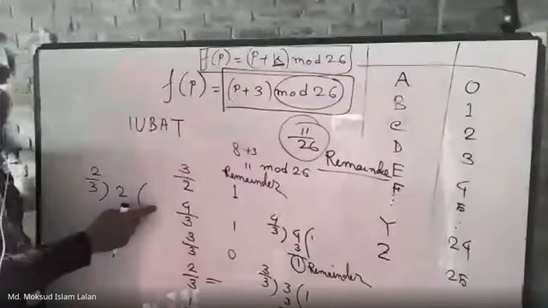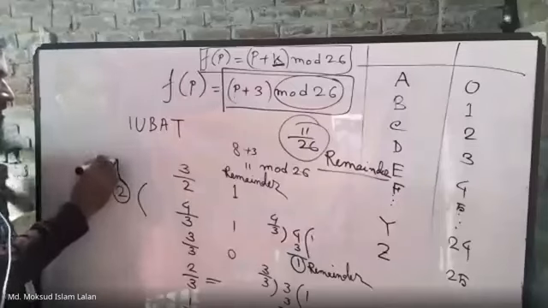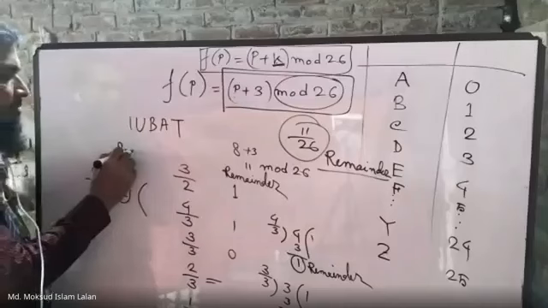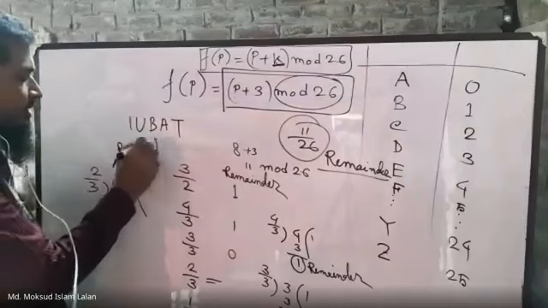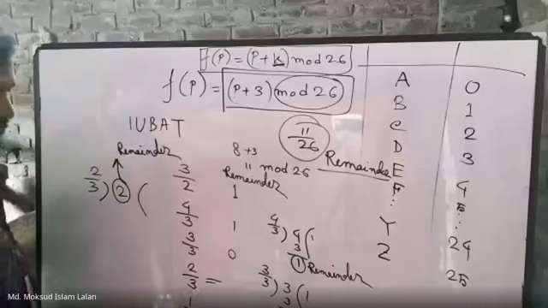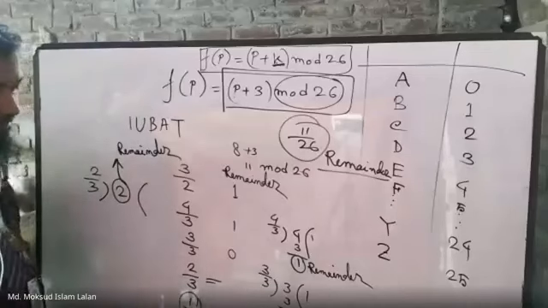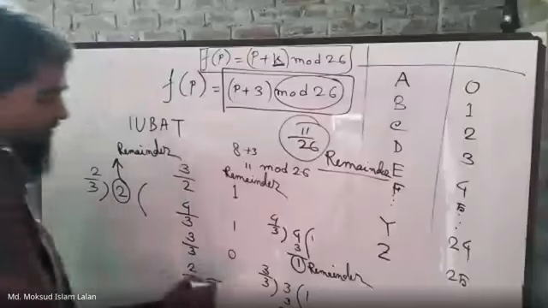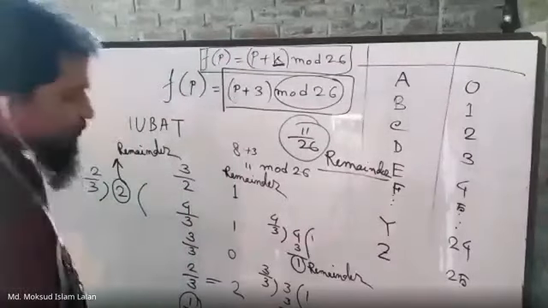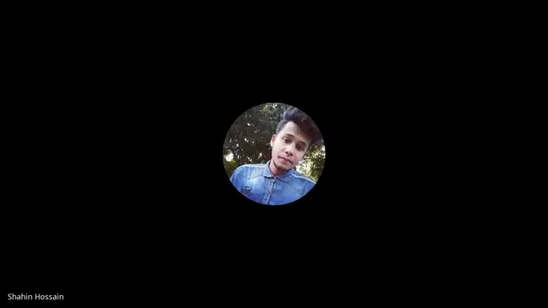The quotient will not be an integer. So that will be the remainder. You need to consider that as the remainder. So what will be the remainder? 1. So here remainder is 2. Here remainder is 1. Do you understand?